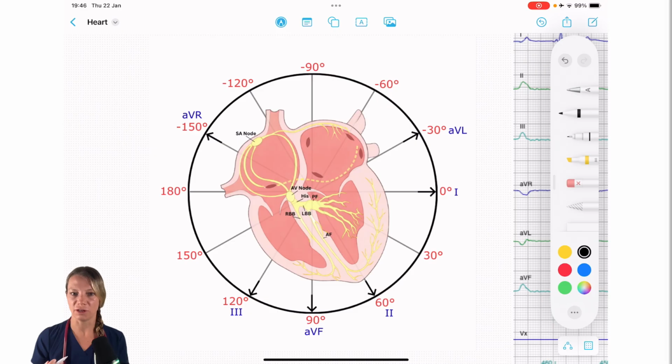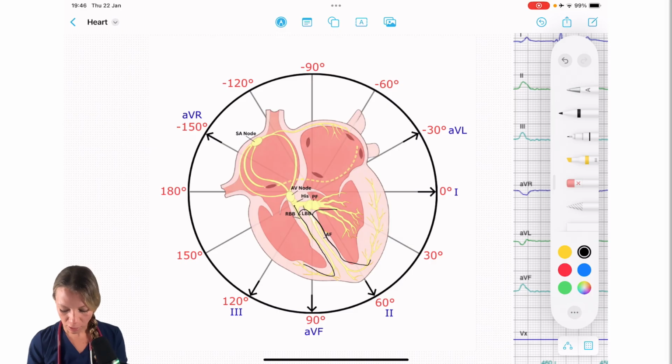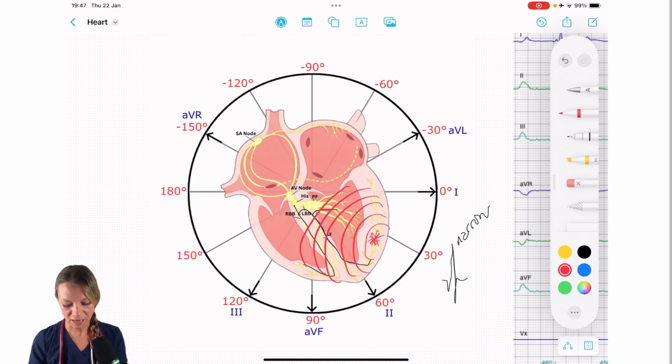So going back to the morphology of the QRS complex, where the escape rhythm originates determines the QRS appearance. As we mentioned, a junctional escape rhythm with the impulse initiating at the area of the AV junction produces a narrow QRS complex, whereas a ventricular escape focus that spreads by slow cell-to-cell depolarization creates a wide QRS complex.